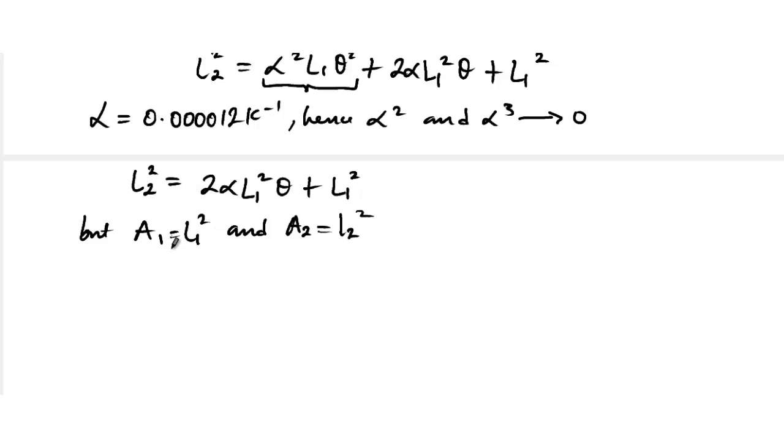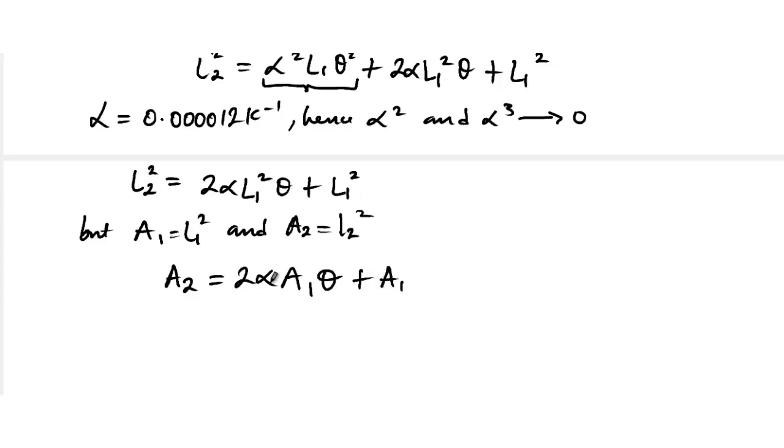So A2 will now be 2 alpha A1 theta, plus A1. I didn't put theta here, pardon me for that mistake.